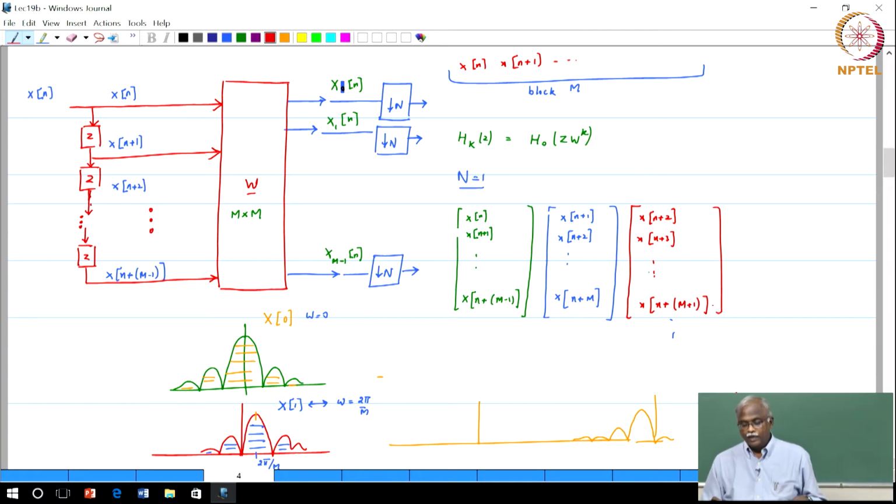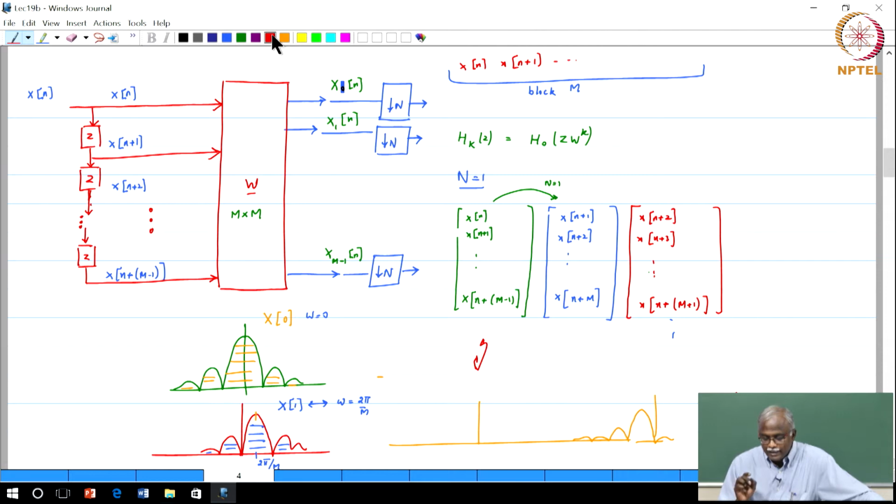Okay. Now please pay attention, if I set n equal to 1, downsampling by a factor of 1, that means it is not doing anything, right, it basically allows all the samples to go. So if I set n equal to 1, then my next vector is going to be this one. So this corresponds to n equal to 1, if this is my first vector.